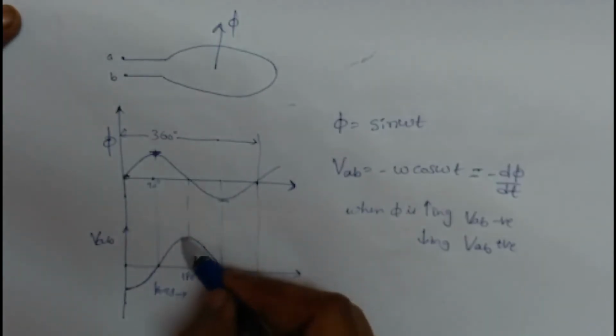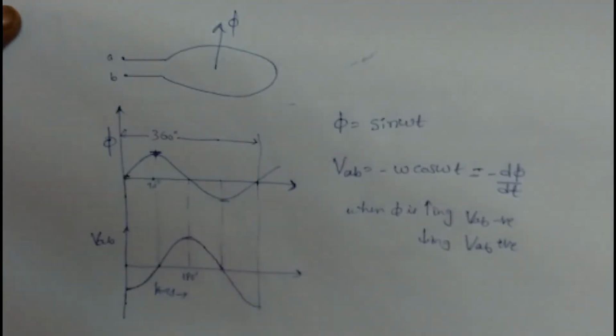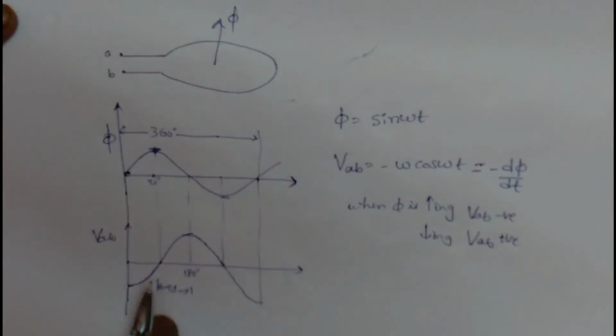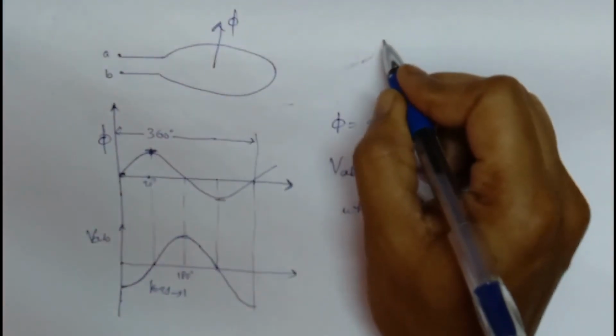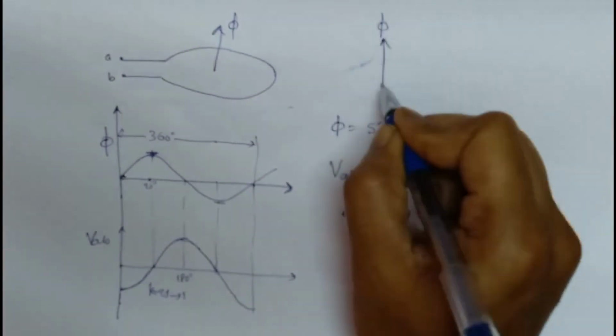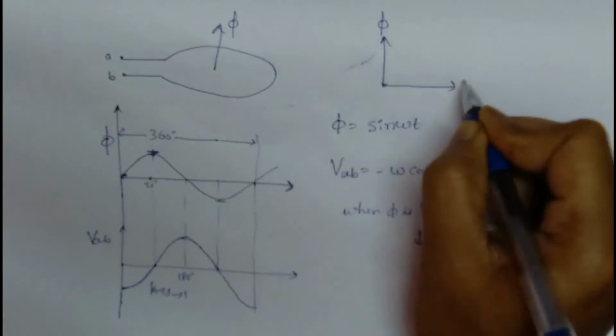So we say VAB is lagging phi by 90 degrees. Let's draw phasors. If this is my phi, this will be my VAB.